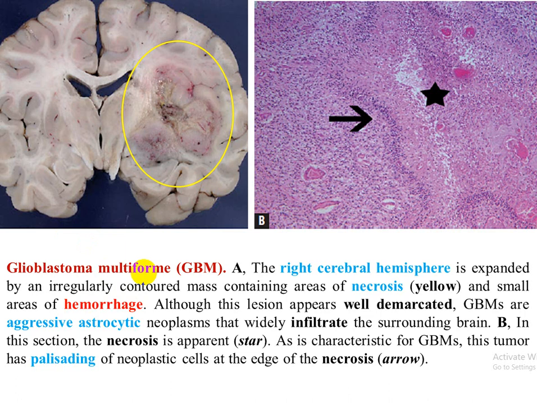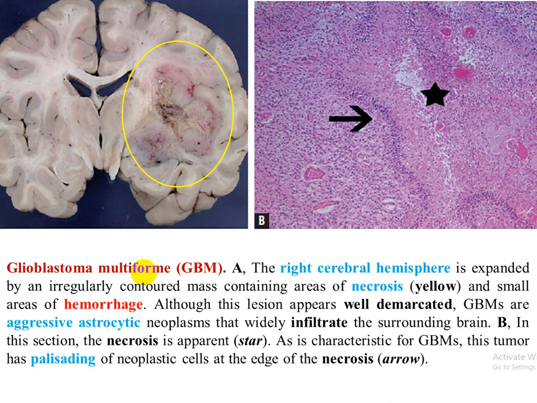The highly malignant type is glioblastoma multiforme, the grade four type according to the WHO classification, and the peak incidence is at 40 to 60 years old, but it can occur at any age.